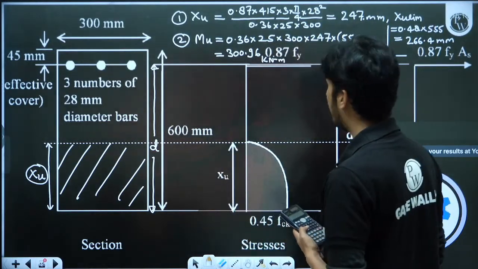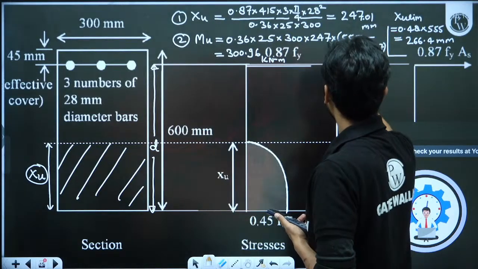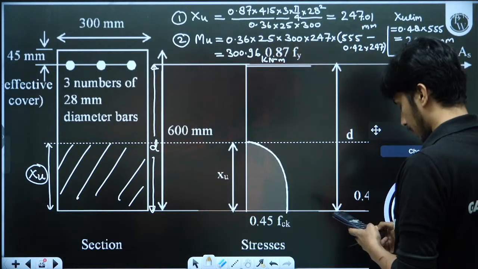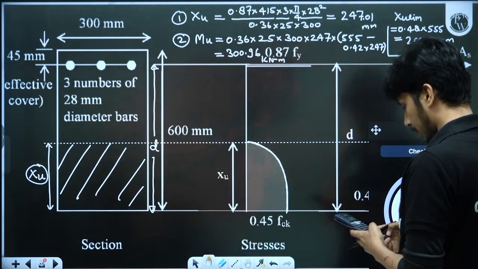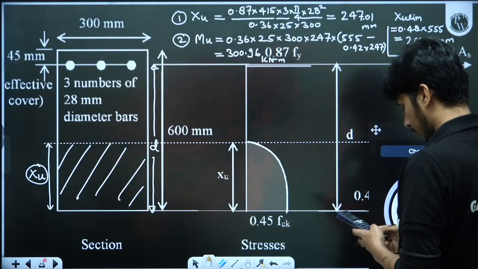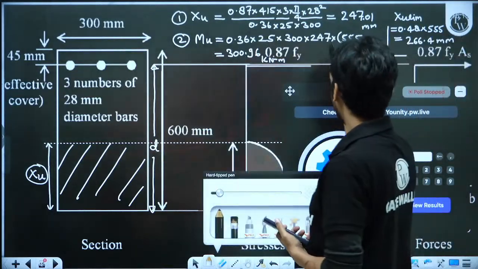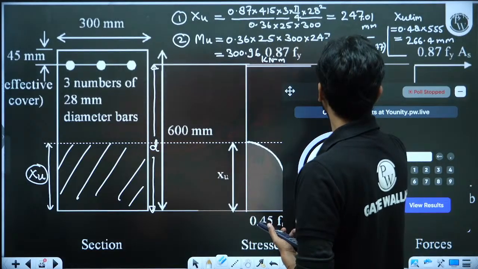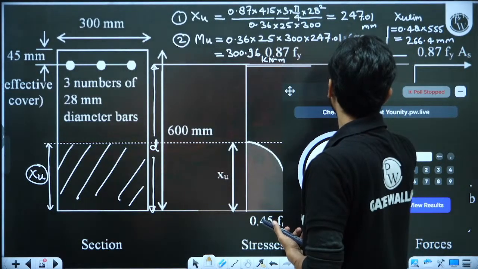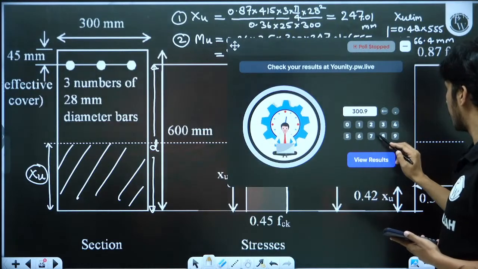If you are exactly taking 247.01, then 300.96 is coming. So 300.96 is the correct answer.